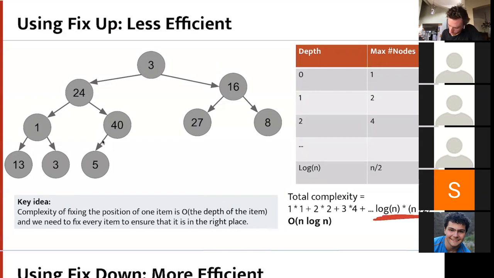over 2 times log of n, which is true because the max number of nodes at the maximum depth is n over 2. If we imagine that we had nodes here with arbitrary elements, then we can see that 1, 2, 3, 4, 5, 6, 7, 8 nodes are on the bottom. 1, 2, 3, 4, 5, 6, 7 are not on the bottom.